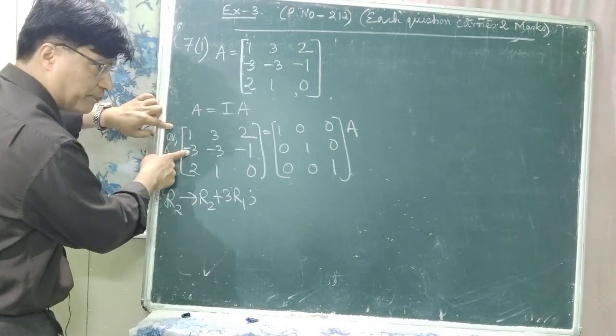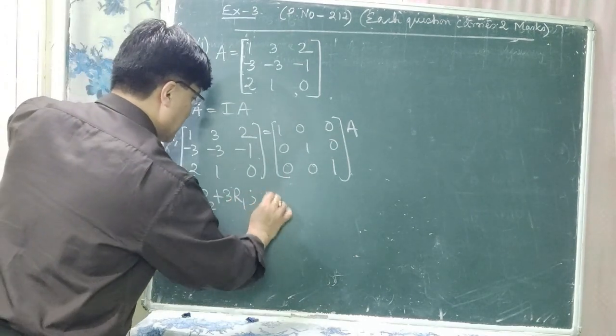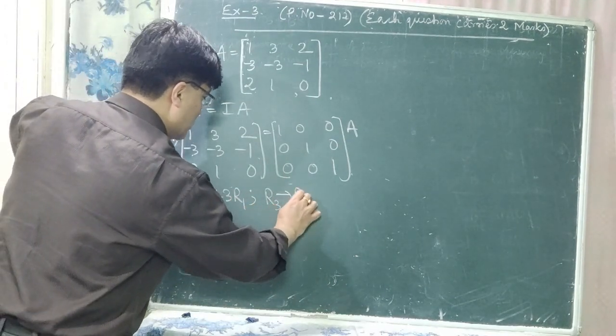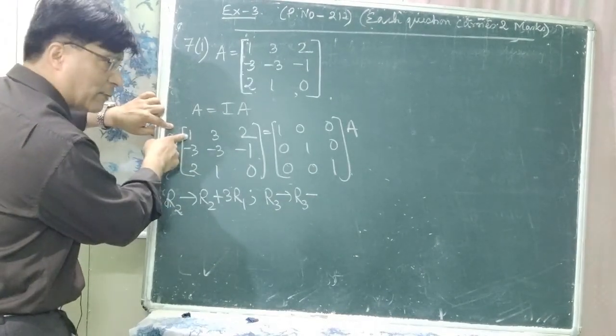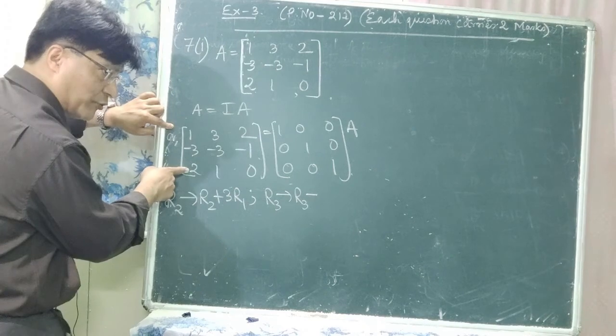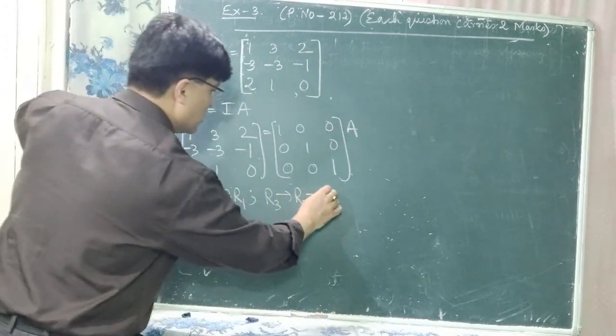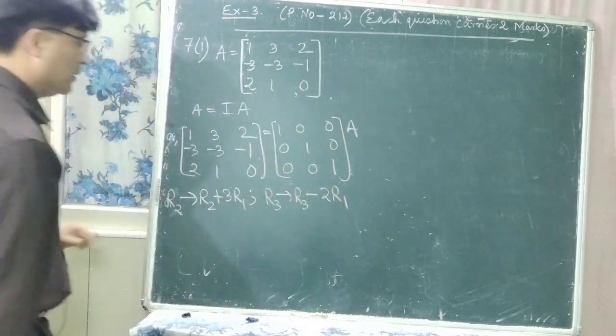Then only it will be 0. Next, R3 will be R3 minus 2R1, that is, row 1 multiplied by 2 and subtracted from row 3.